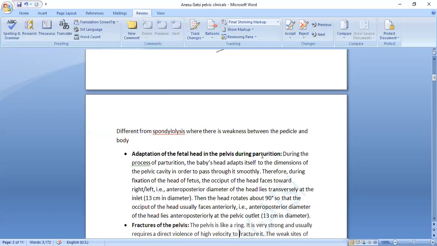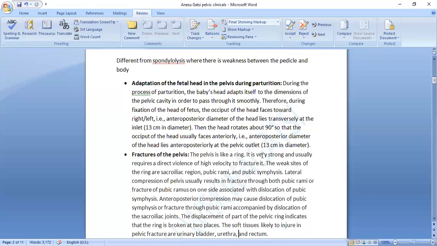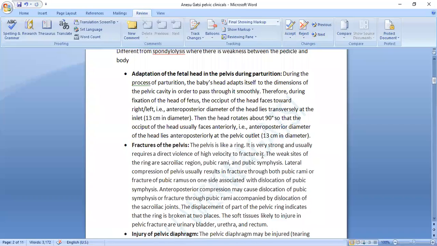Then fractures of the pelvis are more or less common, and it acts as sort of a ring. So if we have dislocation or any displacement of any part of the pelvic ring, you then realize that you have a fracture at two different points. Because remember, for a normal ring, if you fracture it at one point, you don't have displacement of any part of it.